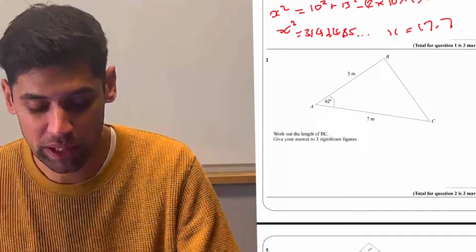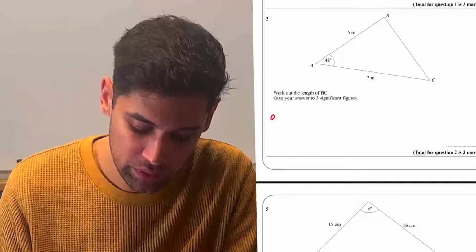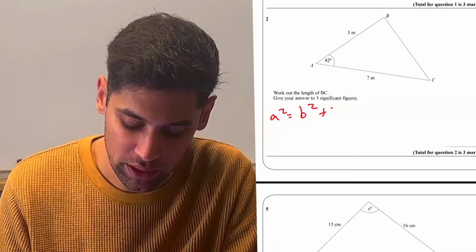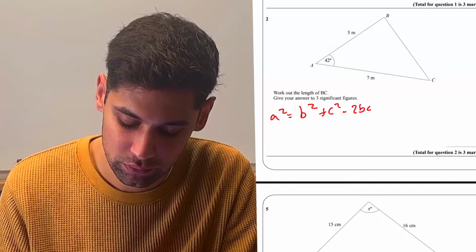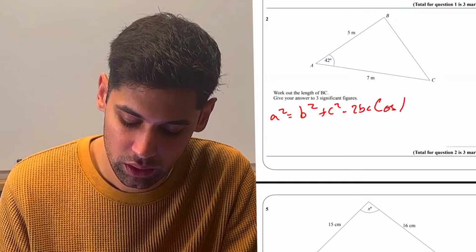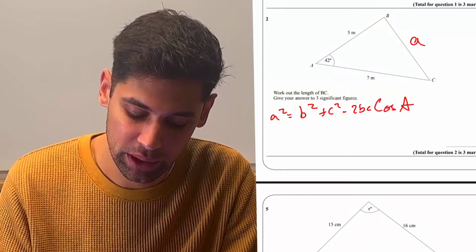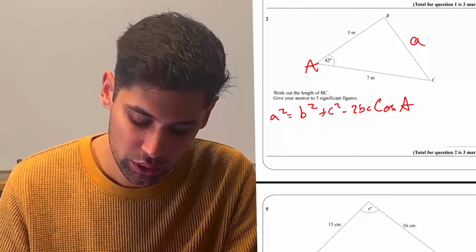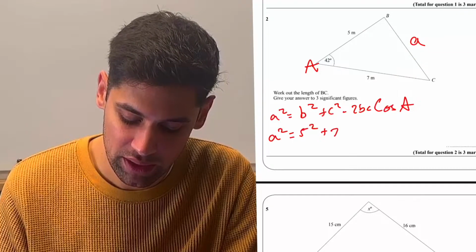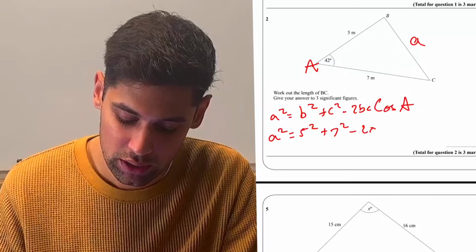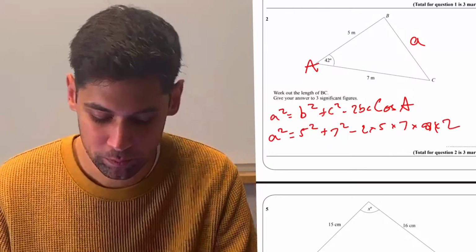We are looking for a length, so we can use the formula that is given to us in the formula booklet. A squared equals b squared plus c squared minus 2bc cos A. And again, knowing that that is going to be length A because this is angle A. So A squared equals 5 squared plus 7 squared minus 2 times 5 times 7 times cos 42.